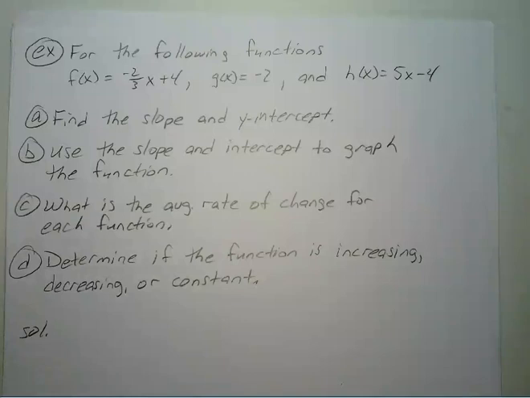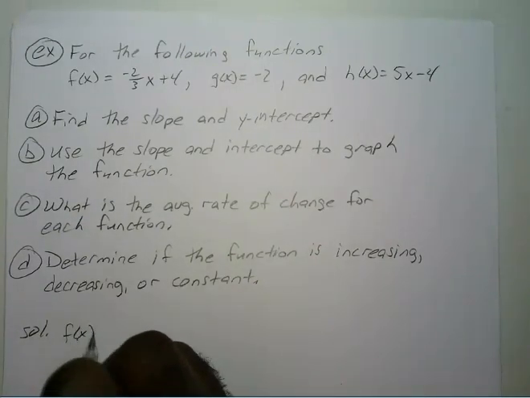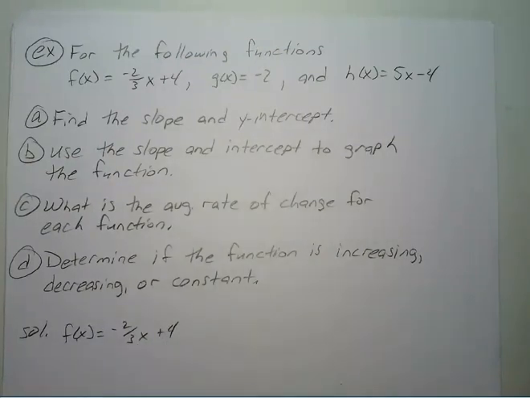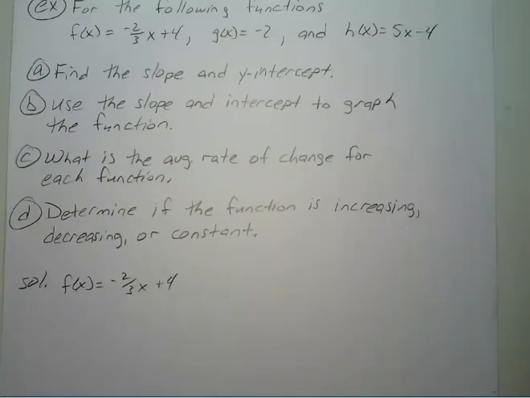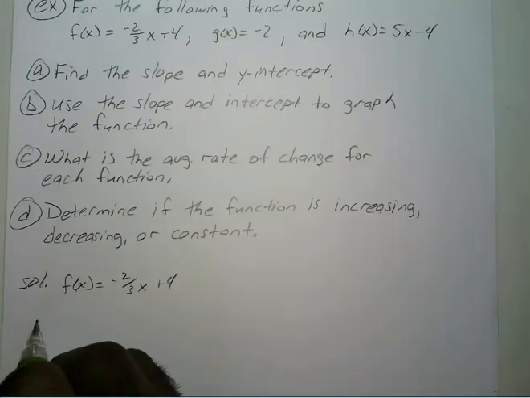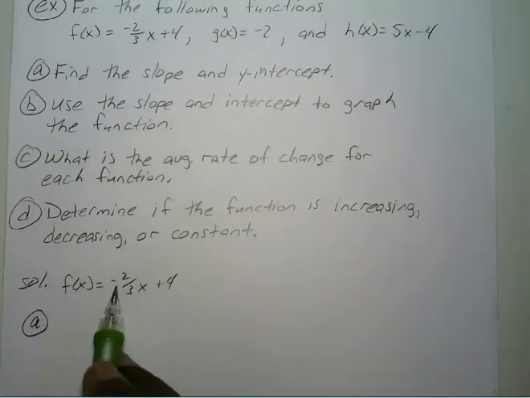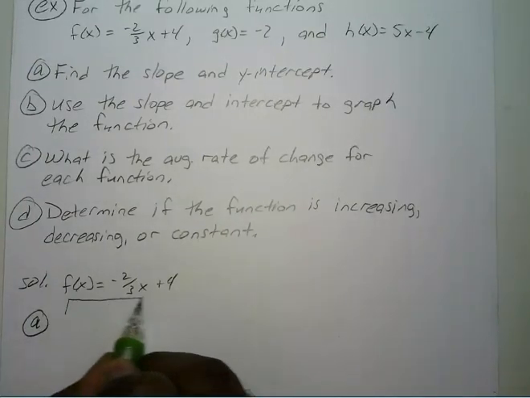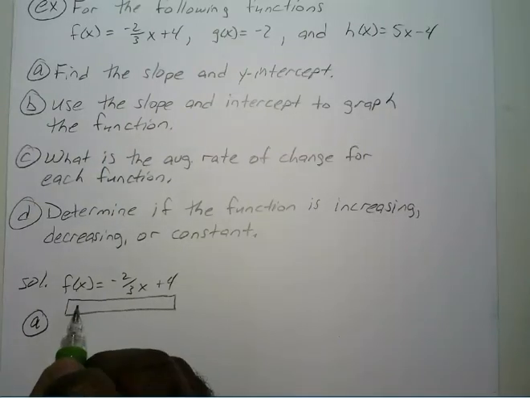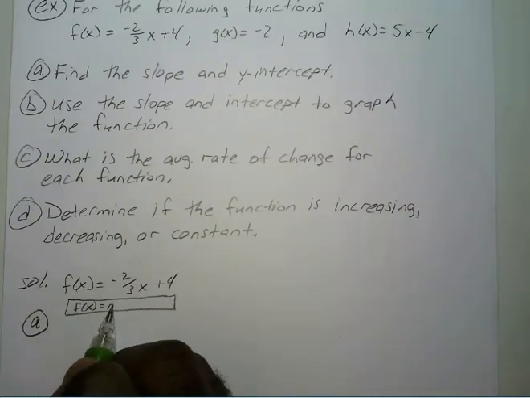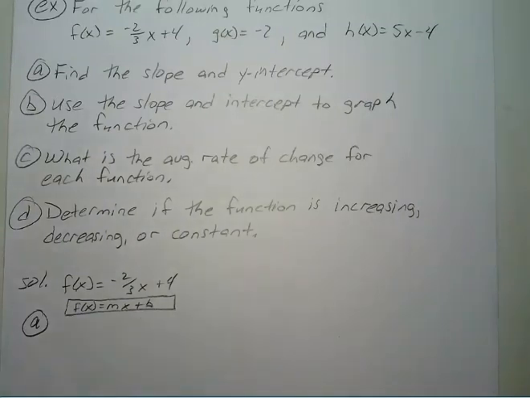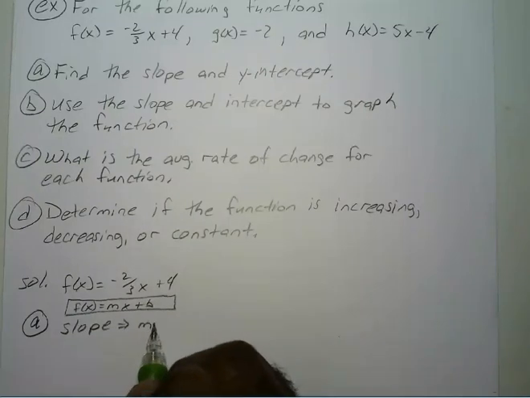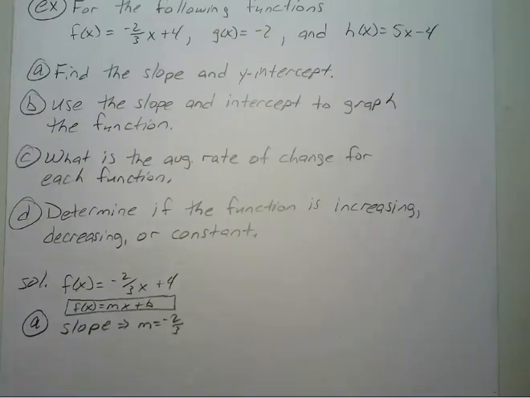So let's start off with our f of x. So f of x equals negative 2 over 3 x plus 4. Okay. So for A, we know that since it's in the form f of x equals mx plus b, we know that your slope is m equals negative 2/3.